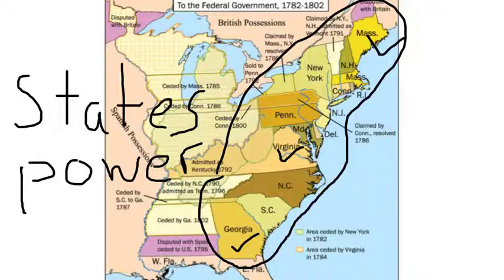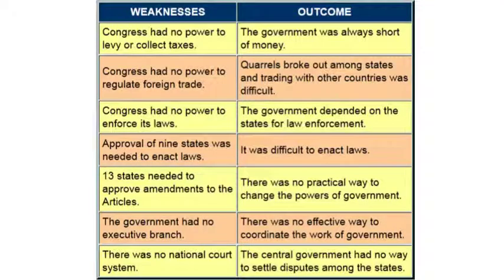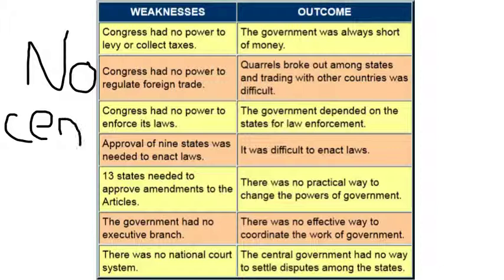This turns out to create a lot of problems for them that we should be familiar with from class. Problems with the Articles of Confederation. There is no national government. No national, no central government making laws for everybody.